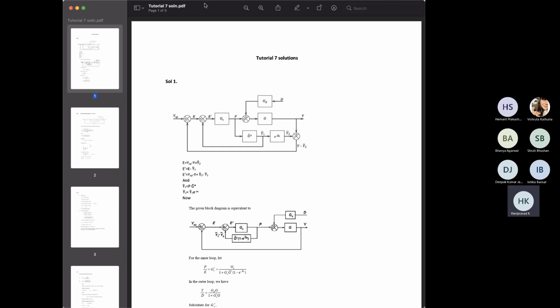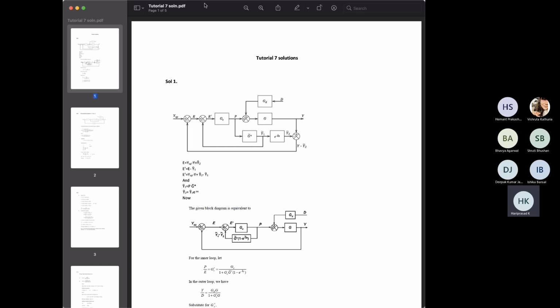So now you have to write what Y1 tilde is. Y1 tilde is P times G star. Now it's not yet done. Please look at this problem very carefully.